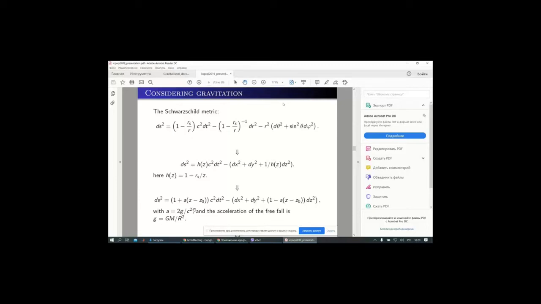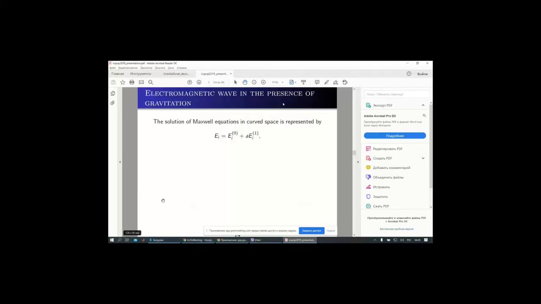So then we solve the master equation using this metric. In such a way we use the vacuum solution and try to find some addition that is linear in the gravity parameter A, in the same way as the metric.